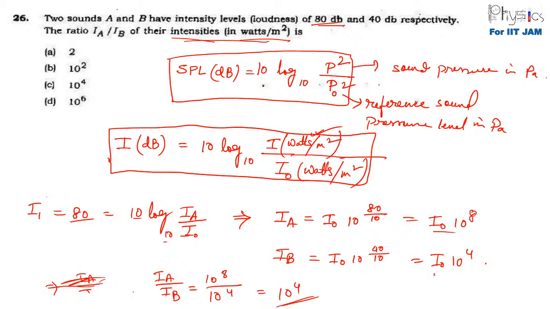Because I0 cancels out and we are left with 10 to the power 4. So our correct answer is option C, 10 to the power 4.